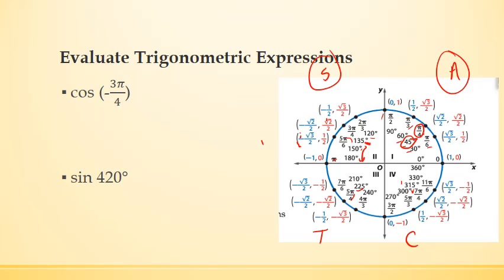Sine and the cosecant trig functions will be positive. In the third quadrant, tangent and cotangent will be positive, but that's because both the cosine and the sine are negative. And then in the fourth quadrant, the cosine and the secant functions are positive, but the sine functions are negative.